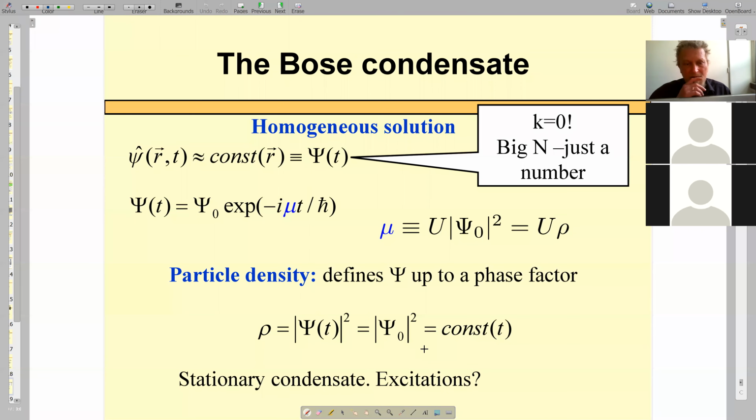We can eventually, at least try to and check what is going on, replace this operator with a number.